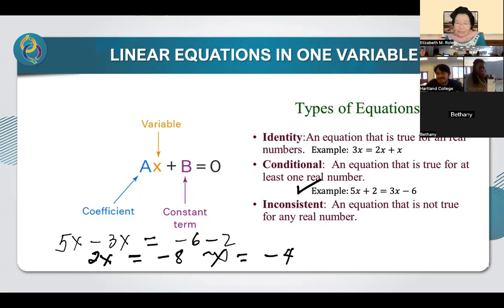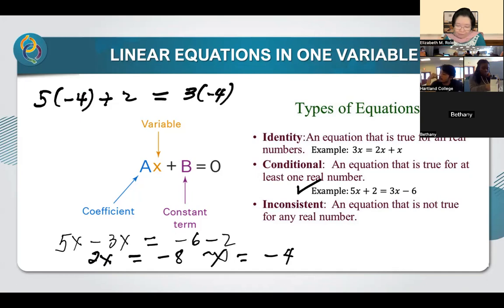So we call it conditional, that this equation will only be true if x is equal to negative 4, which we can check by substituting: 5 times minus 4 plus 2 is equal to 3 times minus 4 minus 6. So this is minus 20 plus 2, which is negative 18.